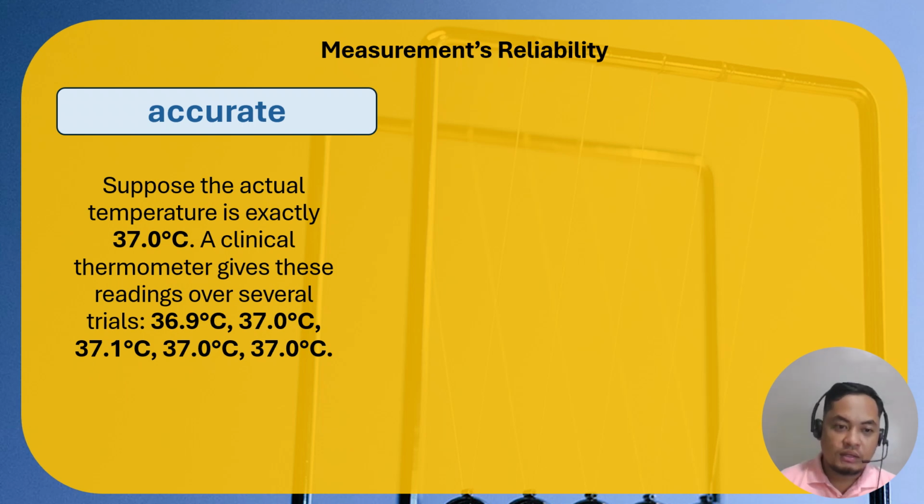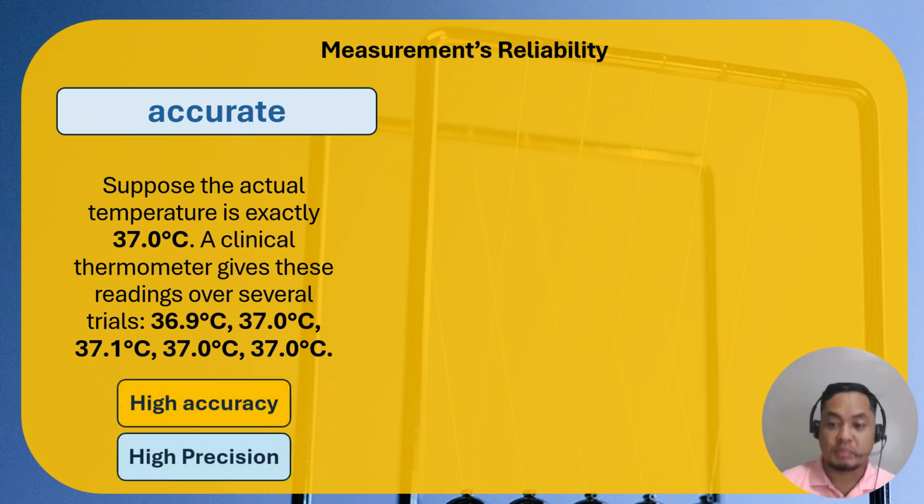It's very clear that these sample readings are high in accuracy, and they're close together. The degrees in Celsius are close to each other, so it's high accuracy and high precision.